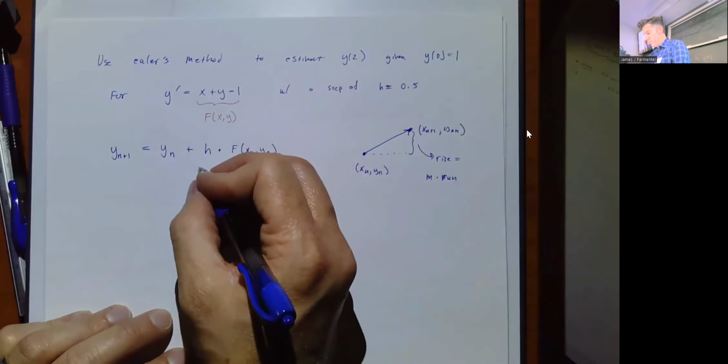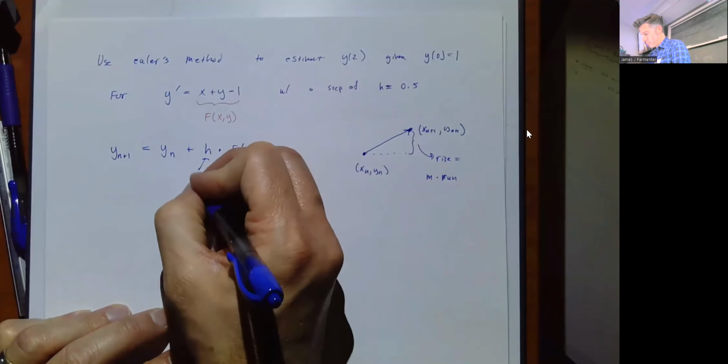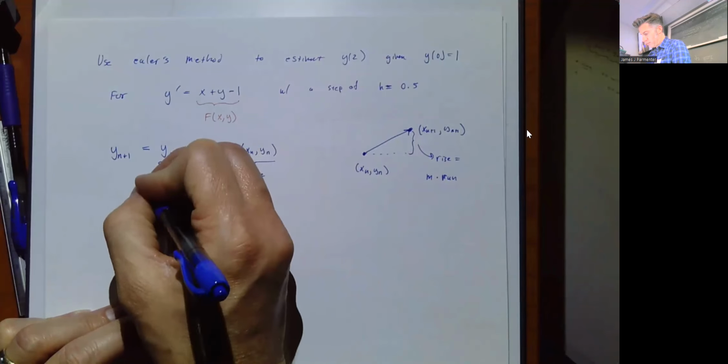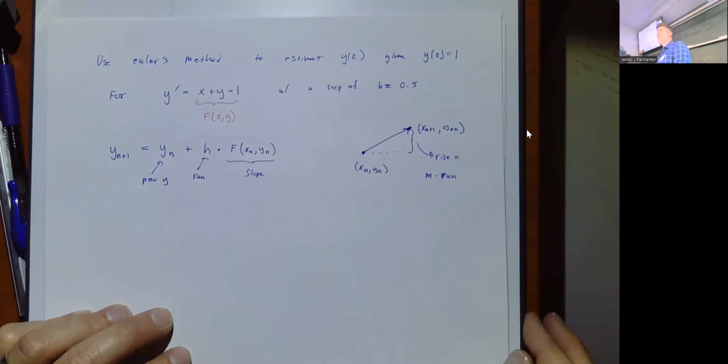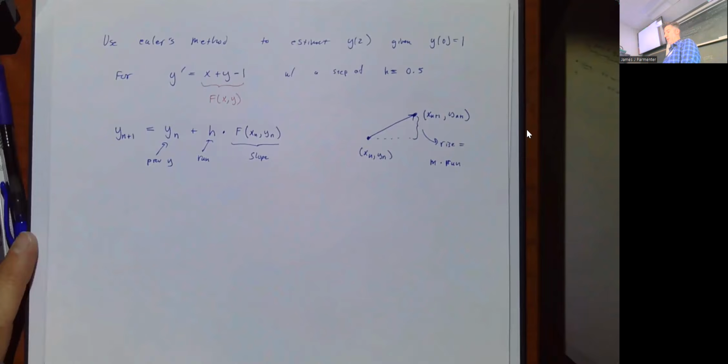And there's your slope. There's your run. There's your previous y. Do you have to remember all this to make the formula work? No. Is it nice to know what you're doing? Of course. All right, so let's do it.